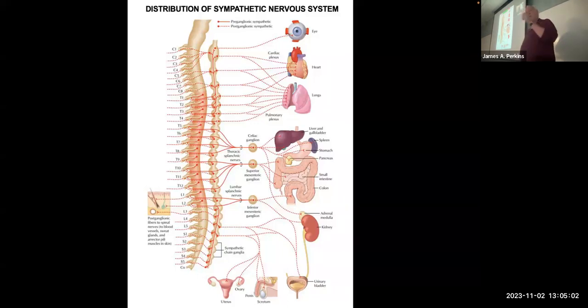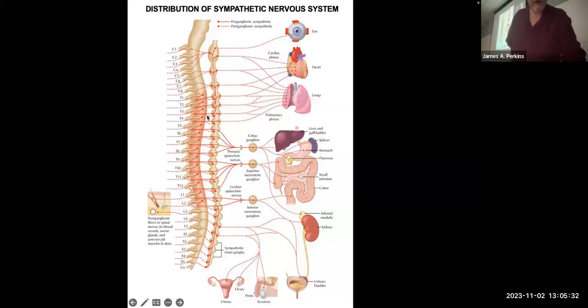But once those axons are in the chain, they're free to travel up to higher levels or travel down to lower levels. So these preganglionic neurons, by turning either superiorly or inferiorly, can eventually make their way all the way up to the higher levels, including all 8 cervical spinal levels. And the axons may turn inferiorly down to the lower lumbar levels, the sacral levels, and even down to the level of the coccygeal nerve.